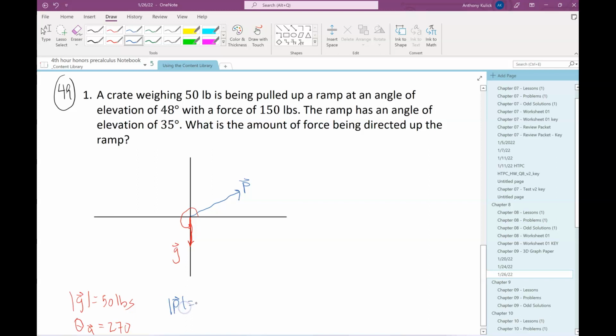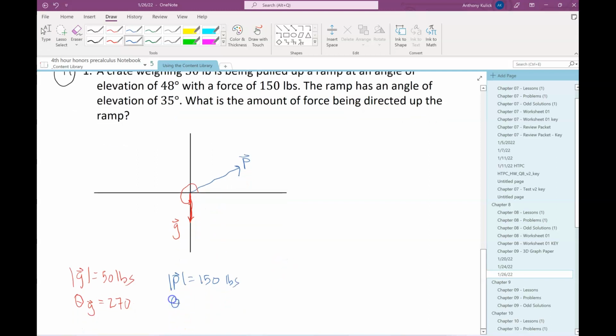I call that vector P for pull. The previous vector I called G for gravity. And then lastly, we have our ramp vector. And again, the direction there is 35. We're not given any idea of the length of the ramp, so we're just going to, again, choose it to be a unit vector, make it equal to 1.